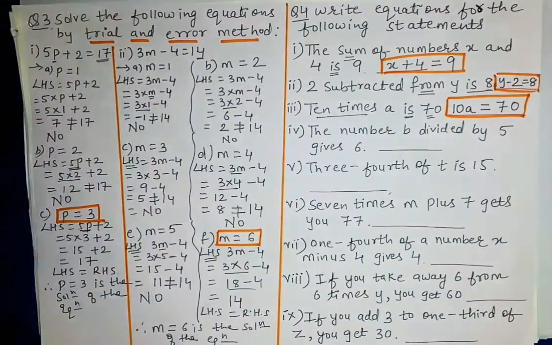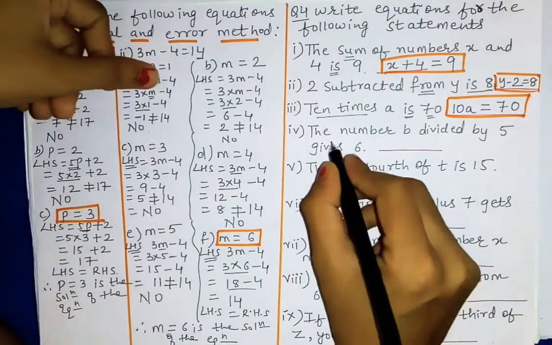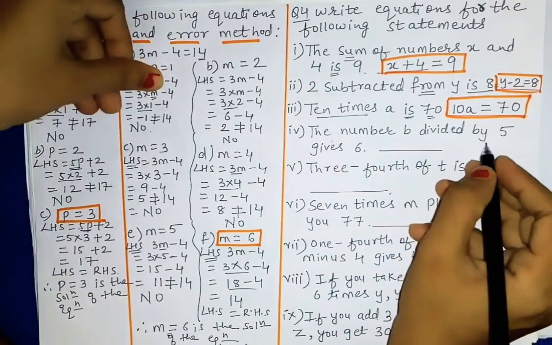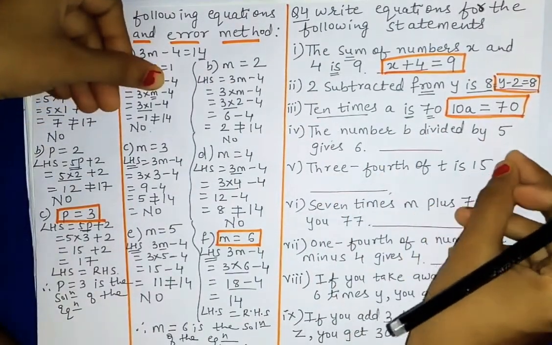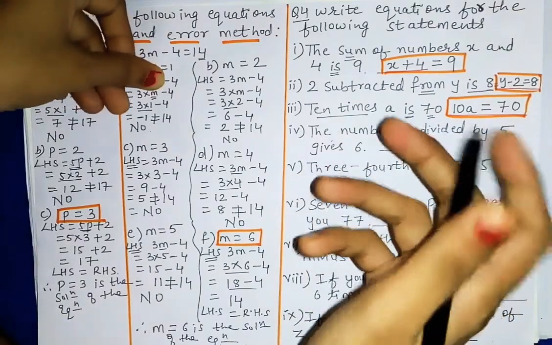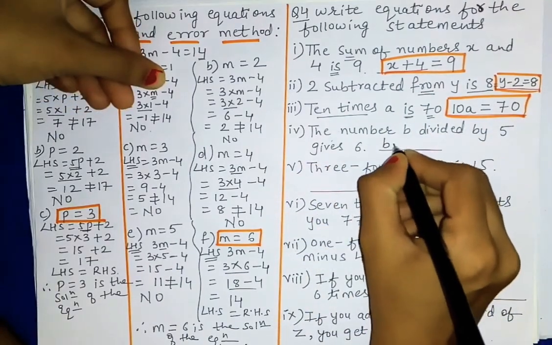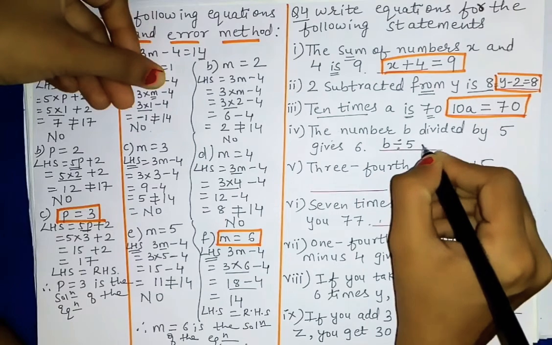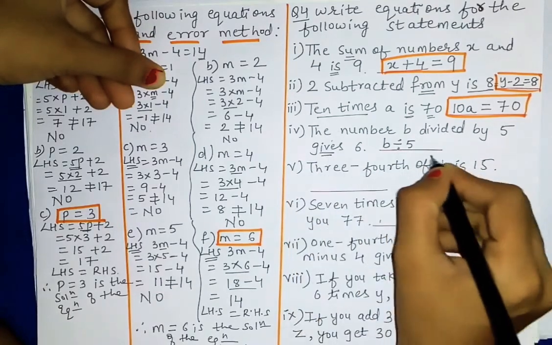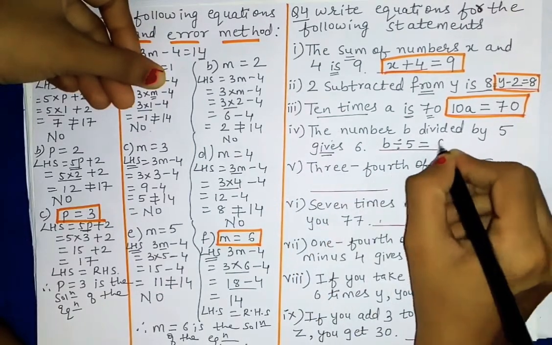Hope you understood. Now the fourth one is the number b divided by 5 gives 6. This is very simple. You can write b divided by 5, gives means equal to sign, so equal to 6.